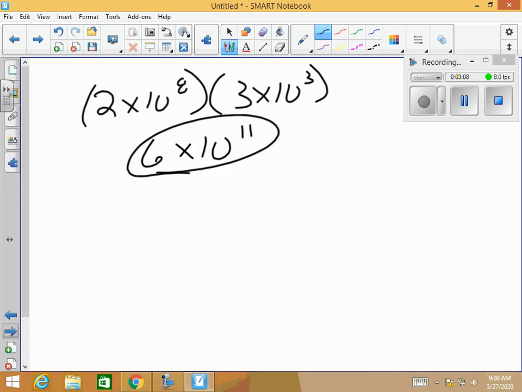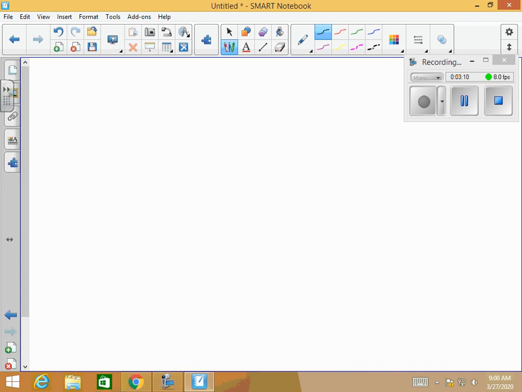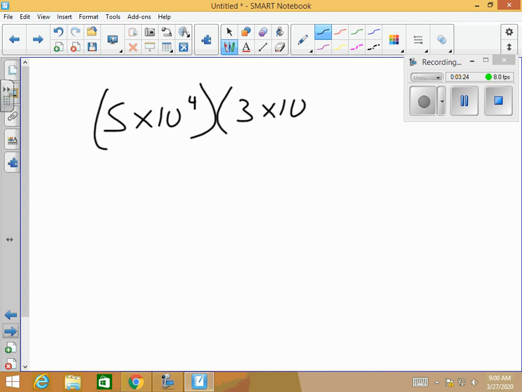Now, there are going to be a couple other things that will trip us up. So let's go 5 times 10 to the fourth, and let's take that times 3 times 10 to the second. Now, what looks very simple, 5 times 3 is 15. Add our exponents, so we get 10 to the sixth.